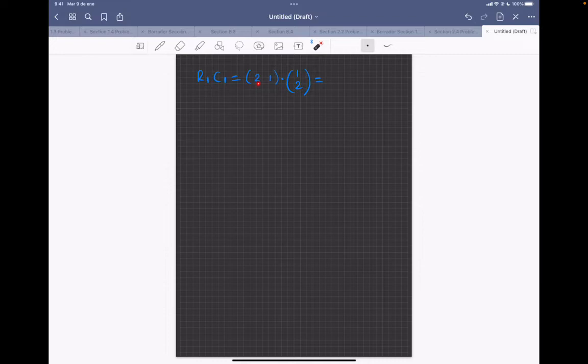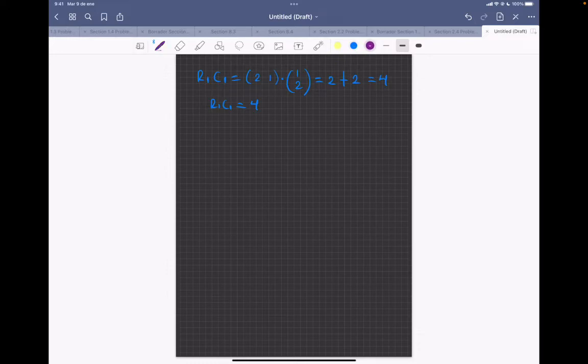For example, here 2 times 1 is 2, and then plus, always plus. I mean, whatever the number is, the next number is negative, positive, always use plus. Plus 1 times 2, that is 2. In this case, 4. So row 1, column 1 is 4, you see?